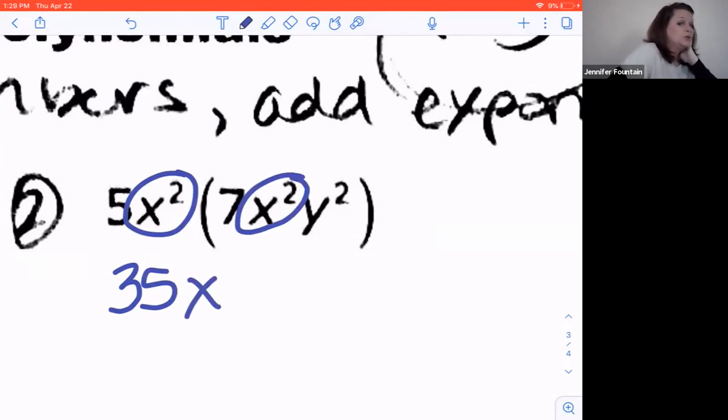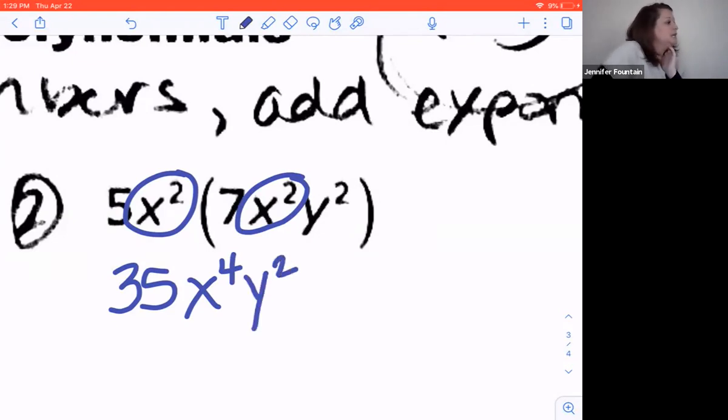I'm going to add them, so what's 2 plus 2? 4. So x squared times x squared becomes x to the 4th. And again, there's nothing to multiply y squared by, so I just write it. And remember, when we write our variables in an answer, we go alphabetical order. So that is why the y is going to come after the x.